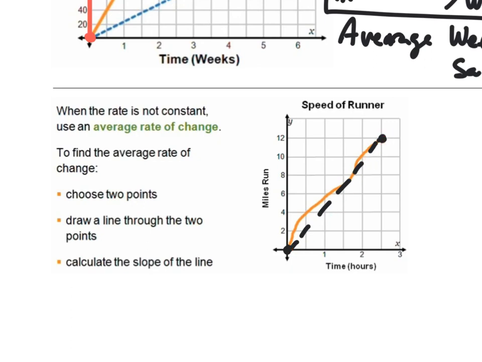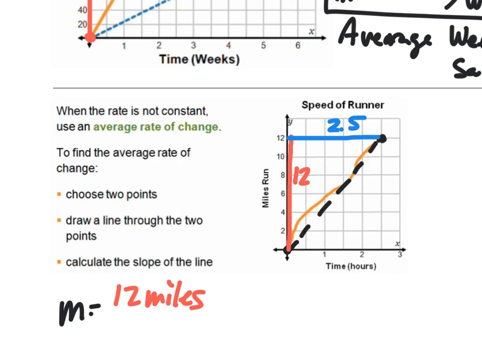So what I'm going to do is calculate the vertical change, which tells me that they ran 12 miles in a 2.5-hour period. So the slope of this line, M, is equal to 12 miles divided by 2.5 hours. Okay?